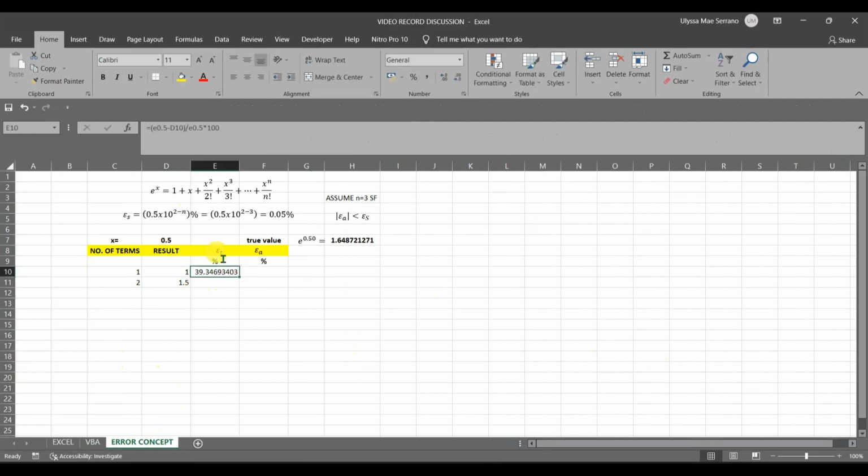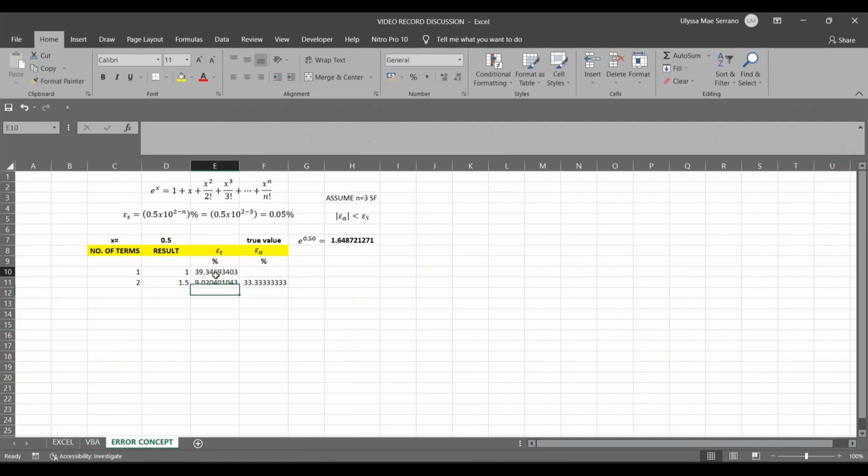Same process. So, the true minus the estimate divided by the true times 100. So, copy lang natin. So, check lang natin. True minus estimate over the true value. And, dito magkakaroon na tayo ng epsilon sub A, which is equal to the current minus previous divided by current multiplied by 100.